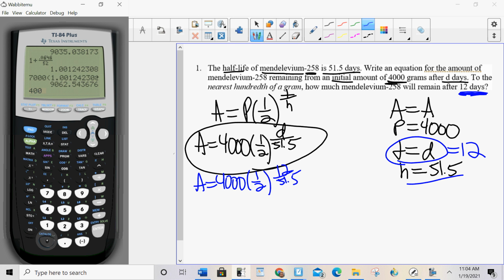4,000 times 1/2 to the power of 12 over 51.5, to the nearest hundredth.